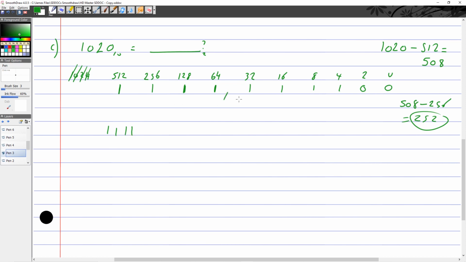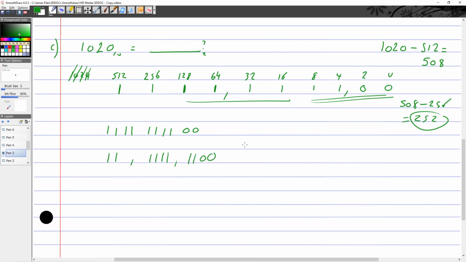It's good to group them into 4s. Technically speaking, we should group them into 4s from the right hand side. So really, I should have written 1, 1, and then another group of 4 1s, then 1, 1, 0, 0.